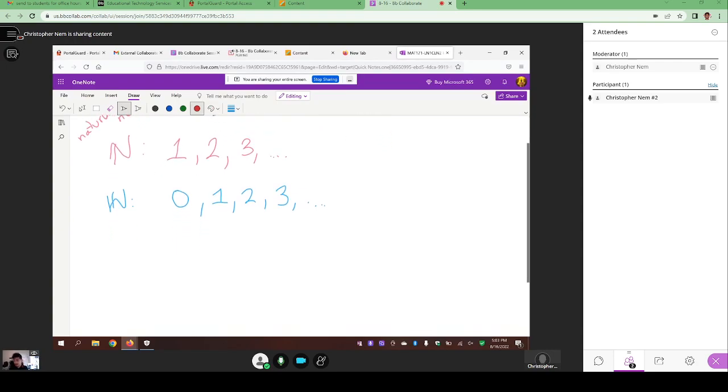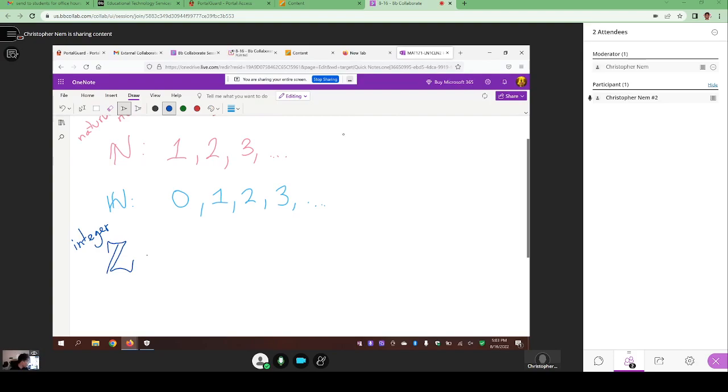Then going past the whole numbers, we have something called the integers. Integers use Z, and the reason why is because it's from the German word Zahlen, which means number in German.